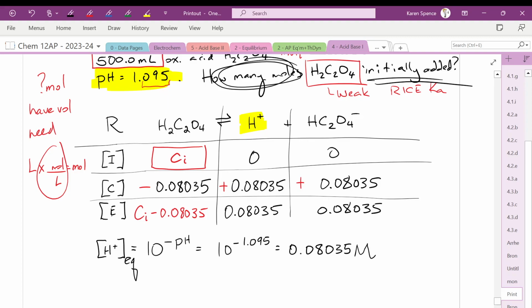When you're given it, so this is what you're originally given. For weak acids. Weak acids. You remember the little swing? Yeah. So we can see right there.